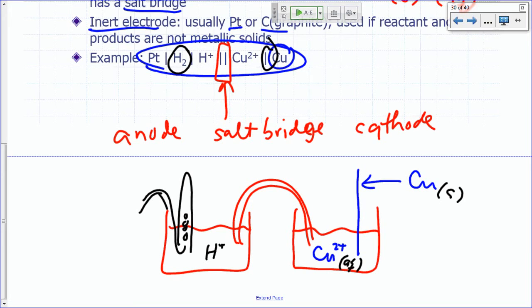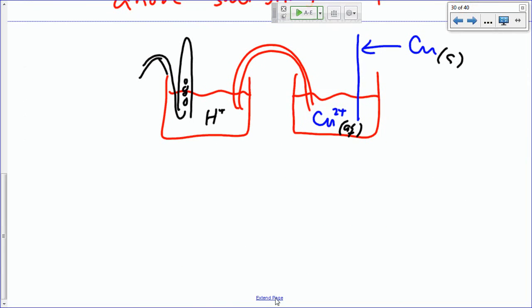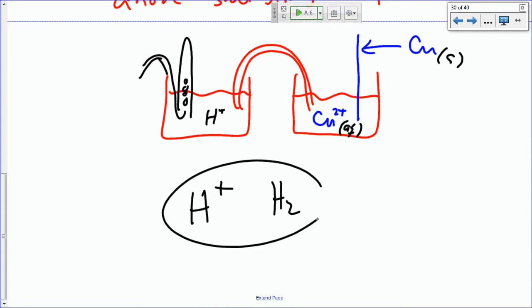And what do I need to have here? Since I don't have a piece of metal in my anode reaction, what do you think is my anode reaction? How are H plus and H2 related? If I want an oxidation half reaction, how can I write an oxidation that involves H plus and H2? H2 would give you 2H plus and 2 electrons, right?